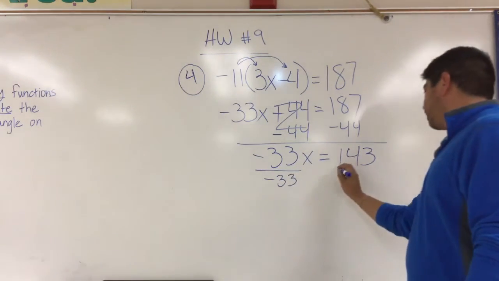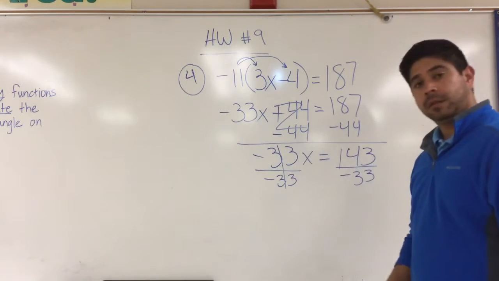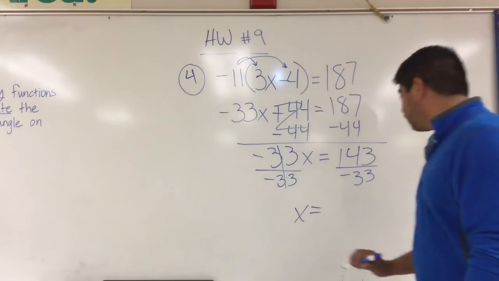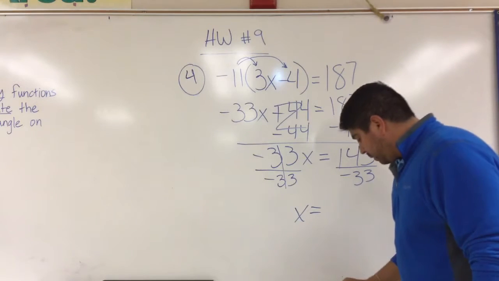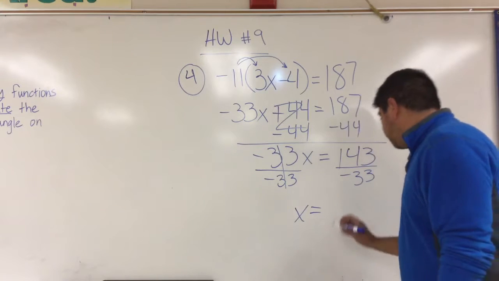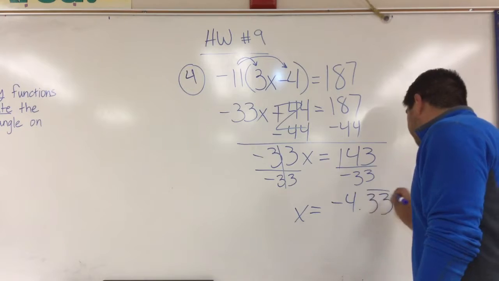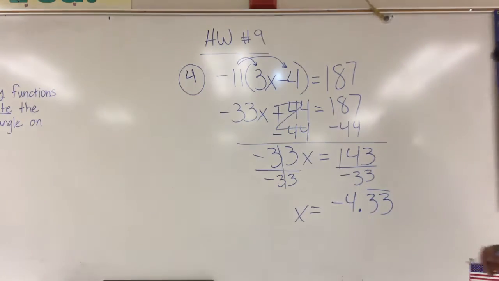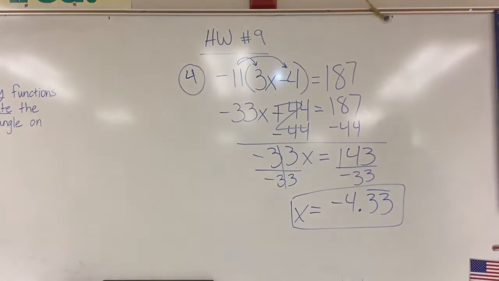So divide by negative 33, divide by negative 33. This makes 1. Okay, x equals, I just divide 143 divided by negative 33. You're going to get negative 4.33, and it repeats. Okay, so negative 4.33 repeating is my answer. Solving for x, right? Just solving for the variable.